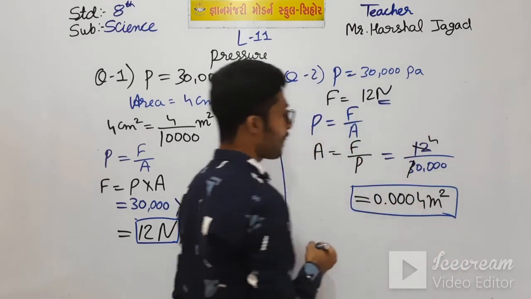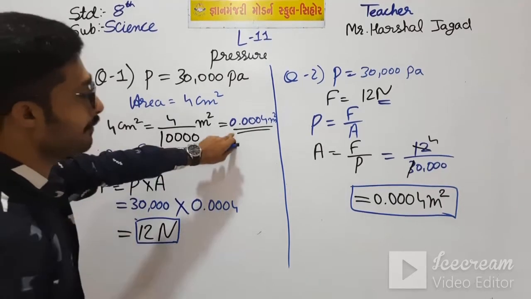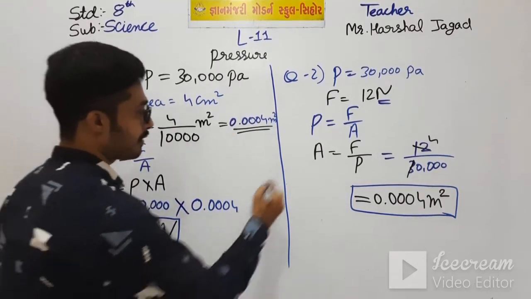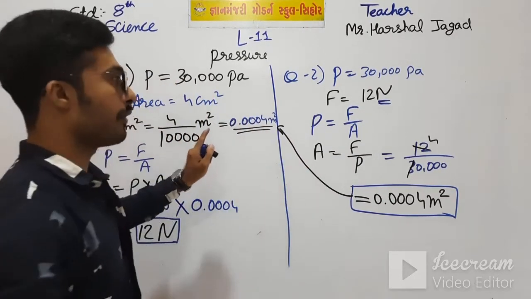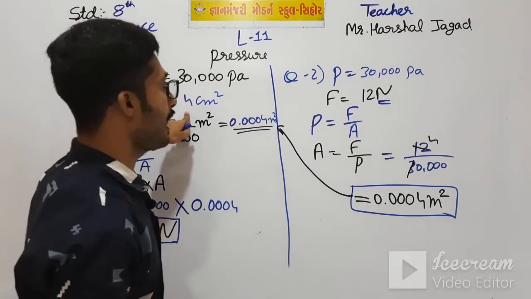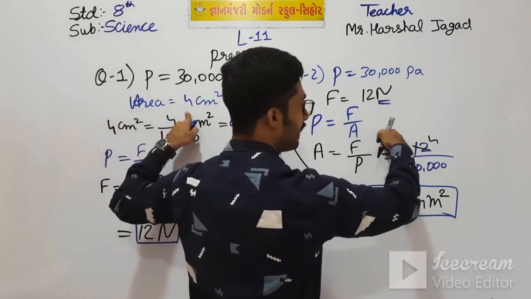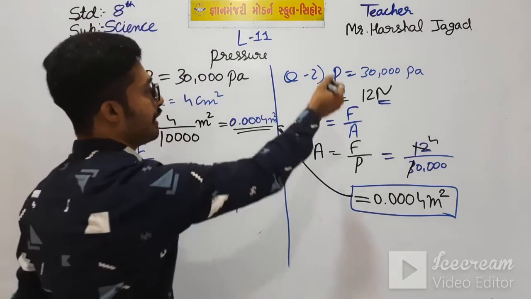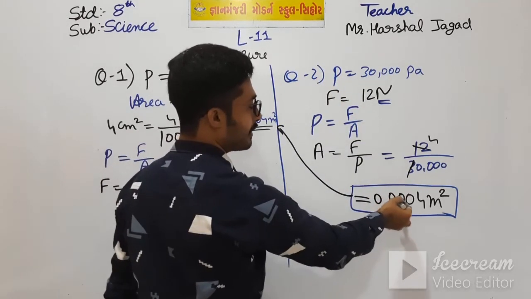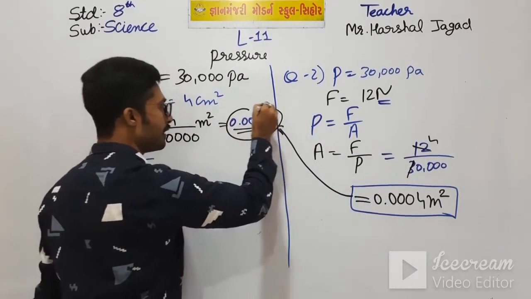Okay students, what I have just done is, we have got the same area that was here. You can see, in this case I have not given the force, and in this case I have not given the area, but the answer was the same. The area was 0.0004 meter square, and here the area was the same.